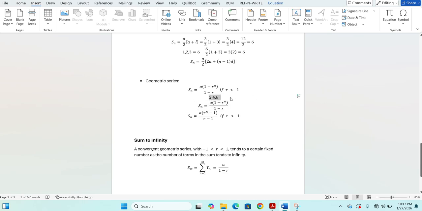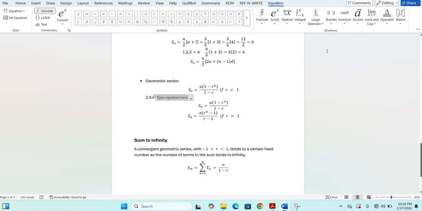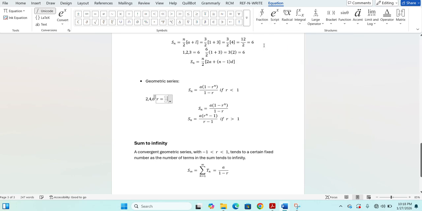So we know our r, r equals to divided by 2.